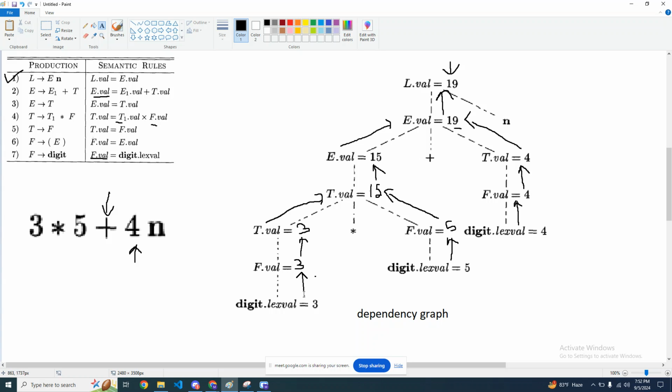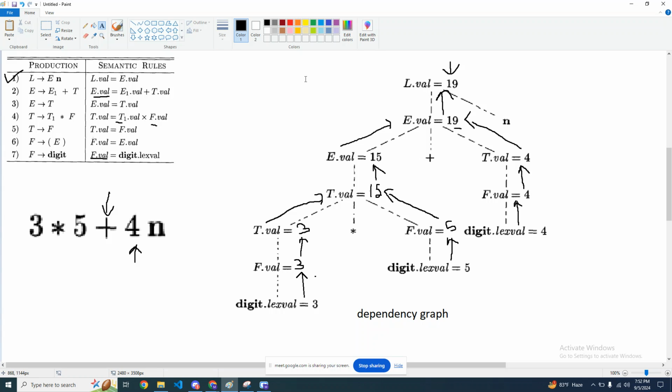From where the value is being calculated, you need to point it with a proper arrow sign. Wherever the value is being calculated, the pointer will point towards that value. Suppose f.value is being calculated, so the pointer will point towards f.value. So this is how you can draw a dependency graph and evaluate something.